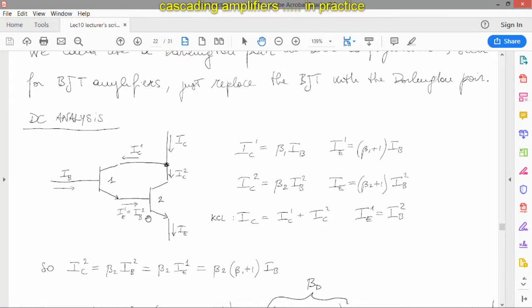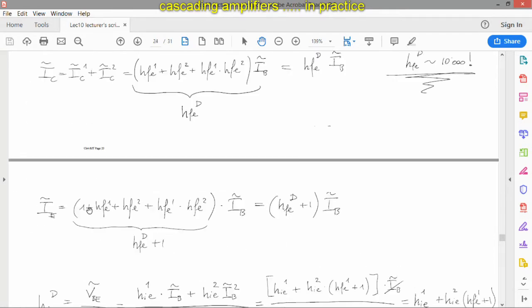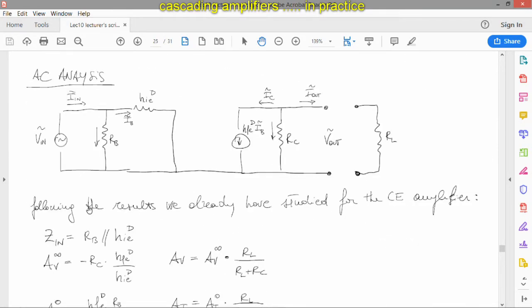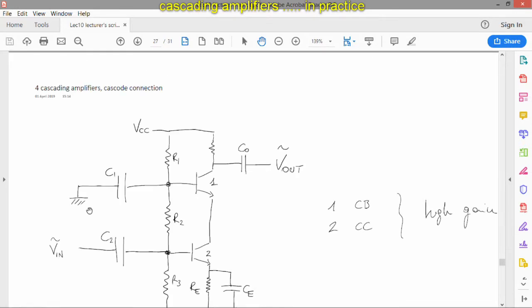So this means that in order to turn on the pair, I need to have not 0.7 volts applied to VB, but twice that. So that's the only point someone needs to keep in mind if you wanted to use a Darlington pair. And so this is this example.